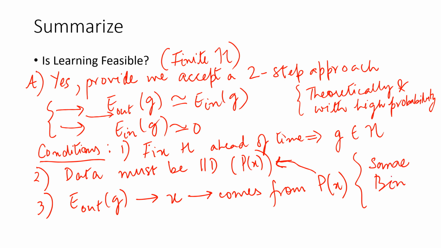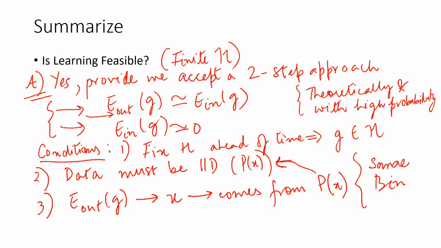Going back to whether learning is feasible, the first point was yes, provided we accept a two-step approach. The second thing is let's assume that we are doing some kind of learning process, and we get, let's say, 60% accuracy. In another experiment, we get a 50% accuracy, and so on. By accuracy I mean the error.